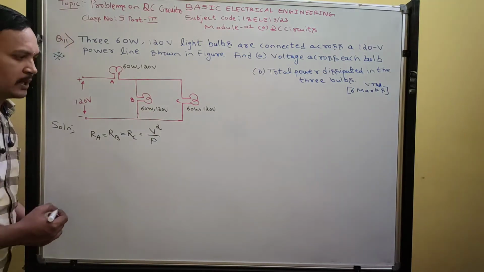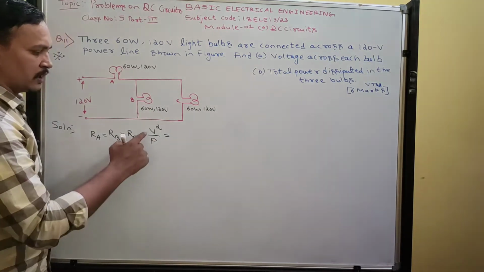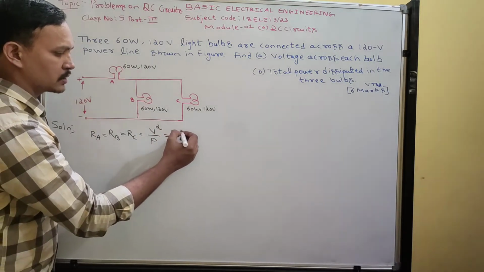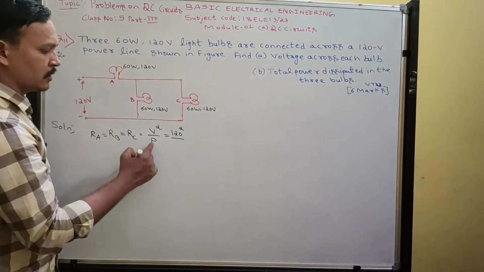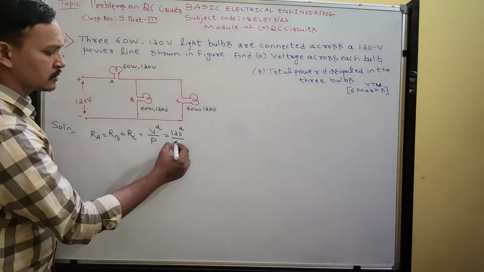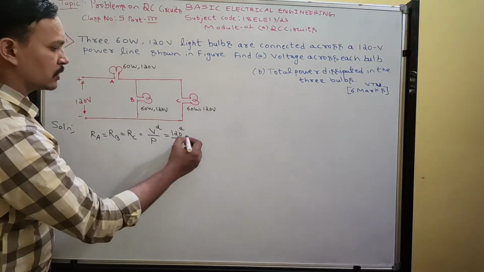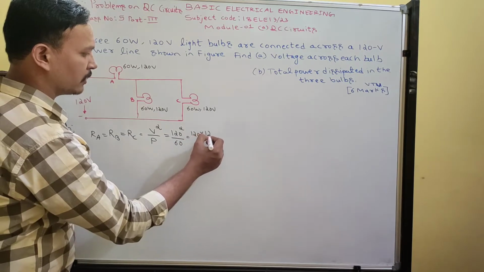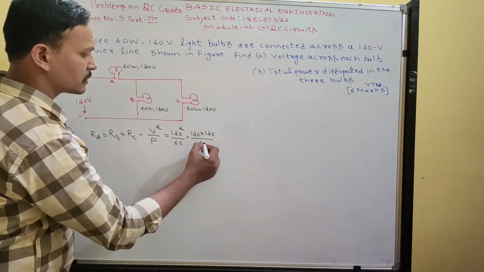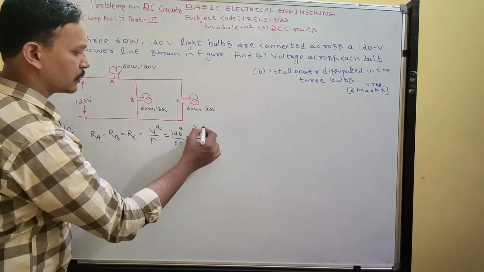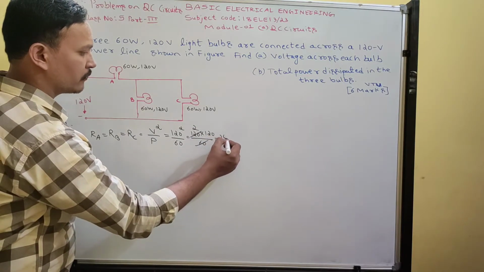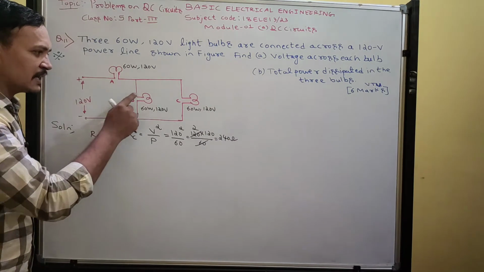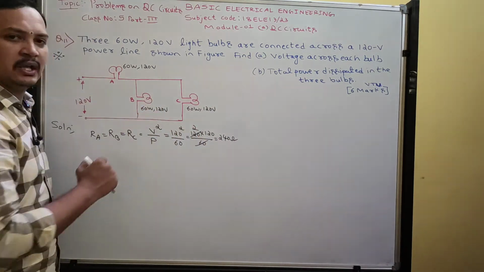What is V? The voltage rating, 120 square, divided by power, 60. So 120 into 120 divided by 60, 6 ones are 6 and 2, so finally we got the resistance of the bulb. Resistance of each bulb is 240 ohms.